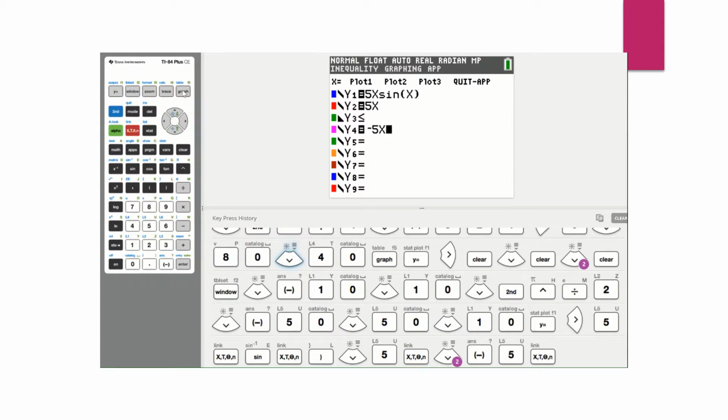And let's go see what this graph looks like. So our damped function is going to be in blue, the positive 5x is going to be in red, and the negative 5x is going to be in pink.